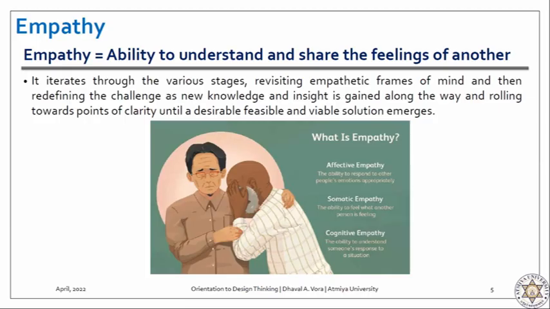Once you go towards thinking of the solution, you have to take feedback of different stakeholders, and depending upon the feedback you received, you revisit the empathetic frames, meaning whether the solution you have thought about is a viable or feasible solution or not.